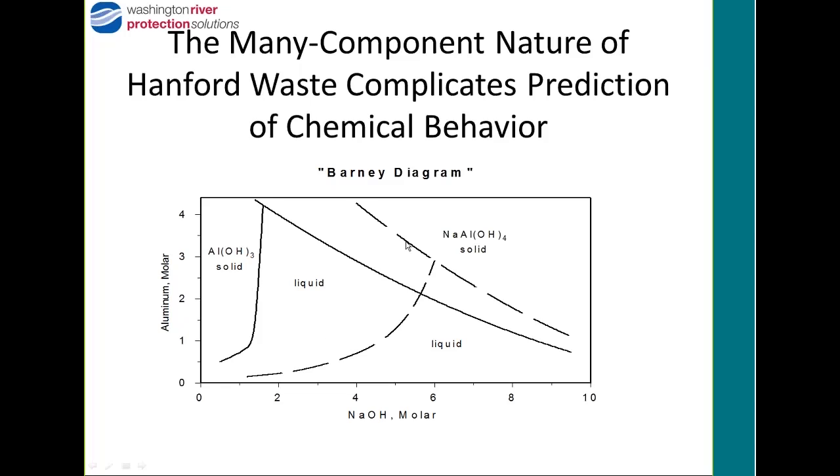The cause of the shift from here to here is simply the fact that if you have more sodium salts, then you favor formation of a sodium salt. But this hydroxide has a more complex component to it that we don't completely understand at this point. And this is an example of a phase. We have a lot of constituents that have a very complex behavior here that are difficult to model.